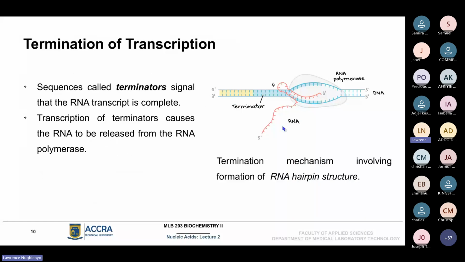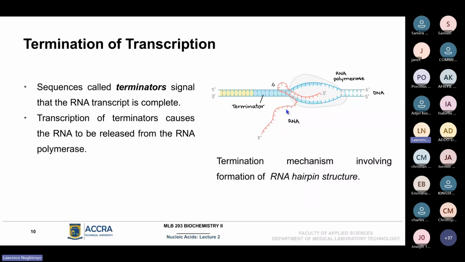Now the RNA strand, at the point when it reaches the end, which was the terminator region, then you see the whole complex of the RNA polymerase dissociates from the DNA molecule. The DNA molecule zips back. The messenger RNA dissociates, and then it can now move from the nucleus through the nuclear pore into the cytoplasm.